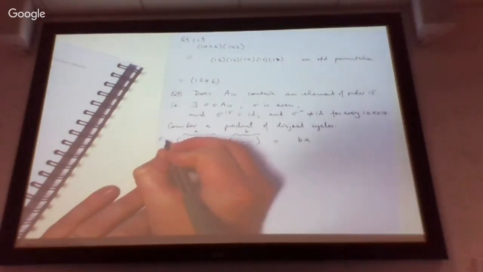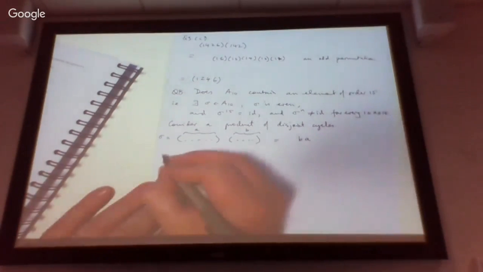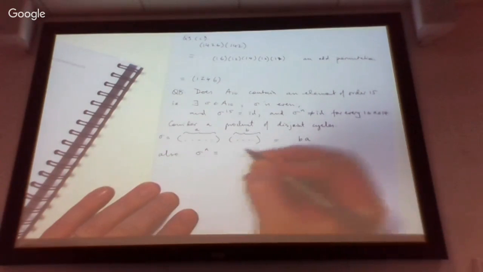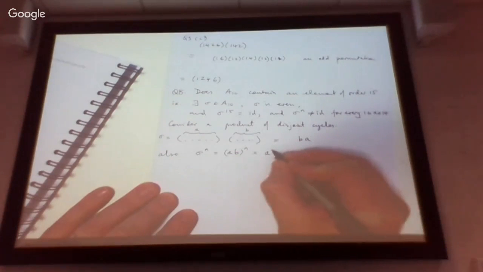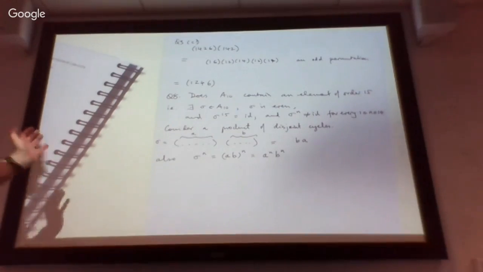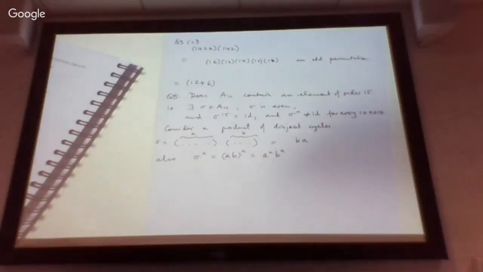So we've got sigma equal to a product of disjoint cycles. Also, since they commute, if you raise sigma to power n, so it's A times B to the n, because they commute, we can move all the A's together and all the B's together and say that that's simply A to the n times B to the n. Well, then you can start to see we'll be able to figure out what the order is.